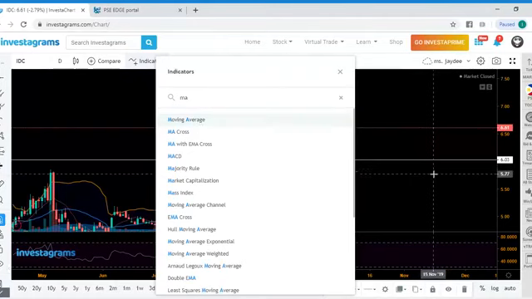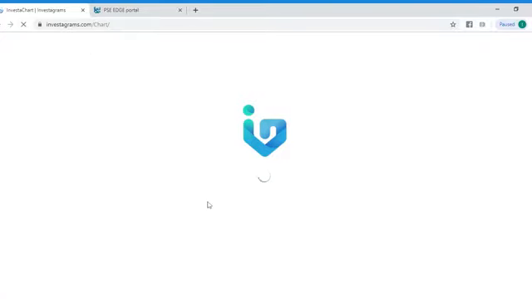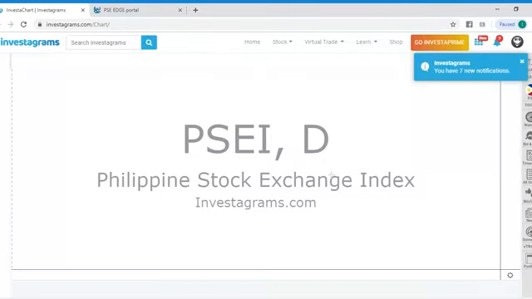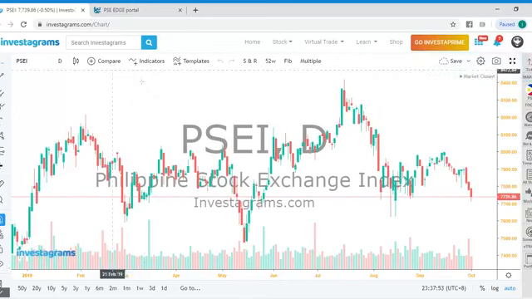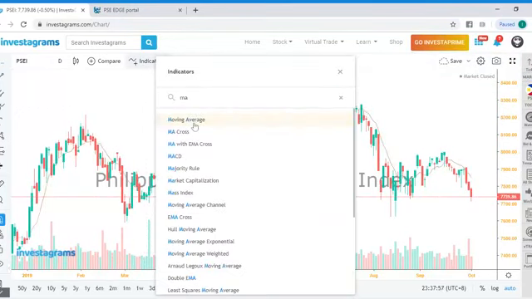Okay, let me just use the white. There are so many lines that I need to show. So here, for example, 1, 2, 3.